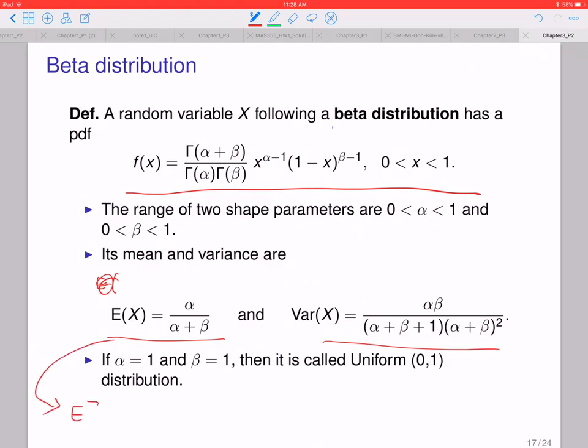So Z1 is gamma(alpha, 1), Z2 is gamma(beta, 1), and Z1 and Z2 are independent.